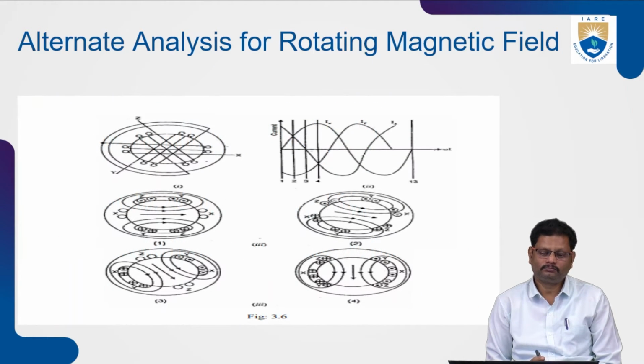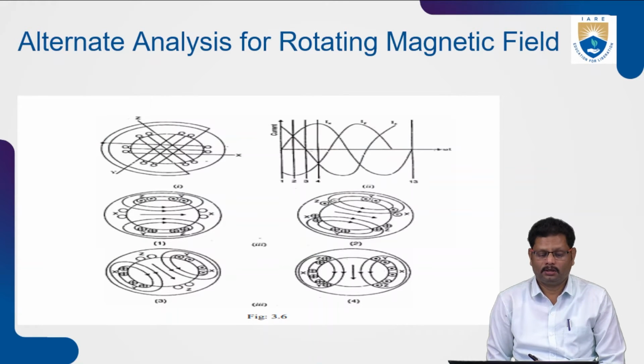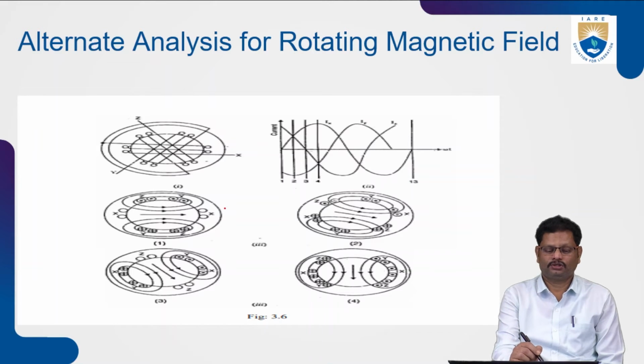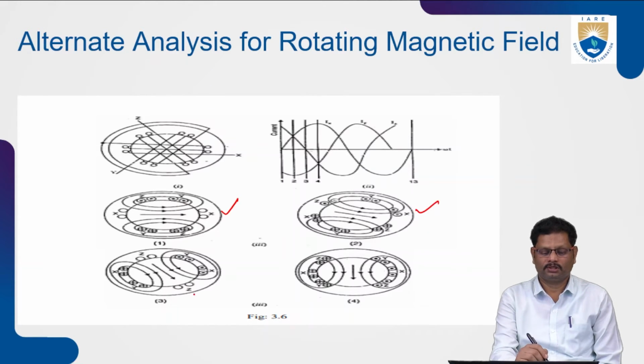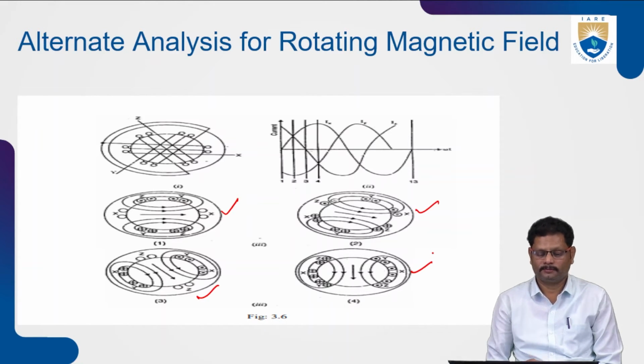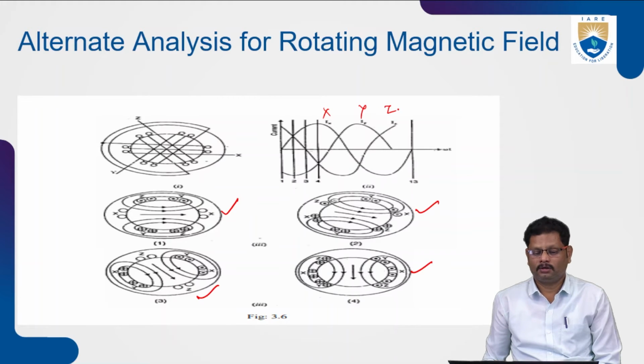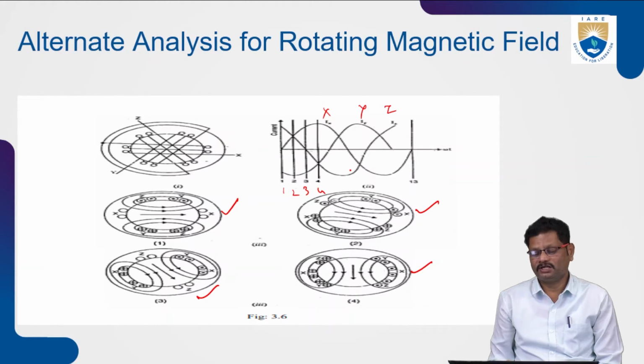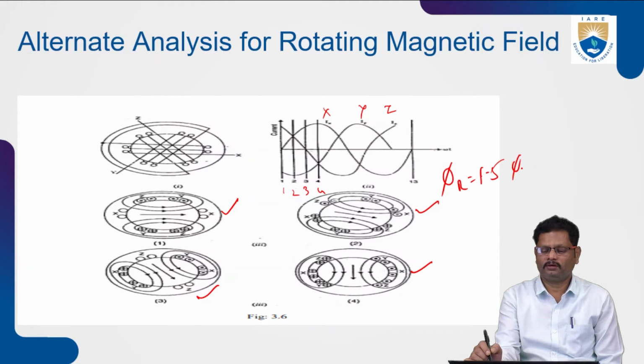Here we can observe the resultant flux in different cases: case 1, case 2, case 3 and case 4. Waveforms are also shown for x phase, y phase and z phase. Fluxes are produced here, and at instants 1, 2, 3, 4 the value will be 1.5 times the maximum.